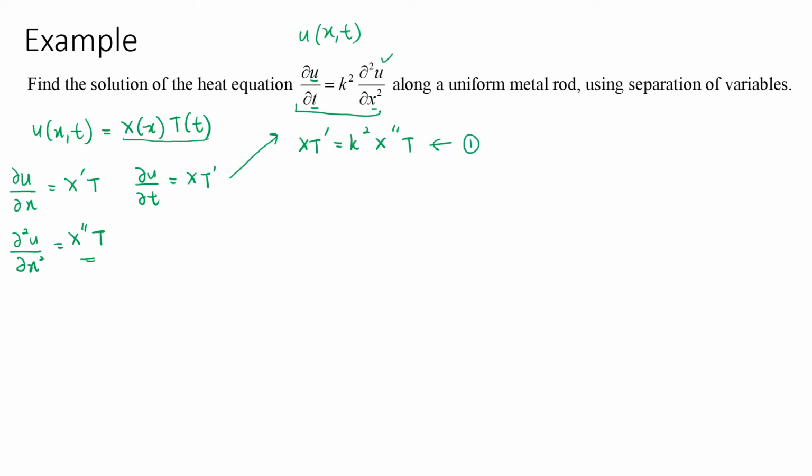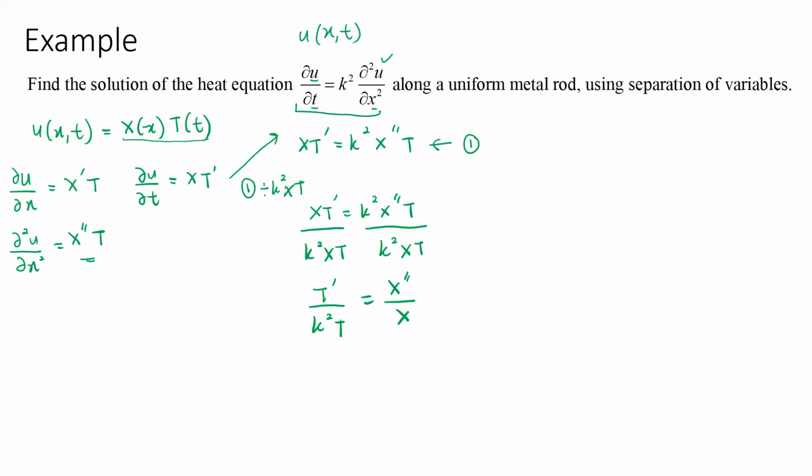So we divide equation 1 by k squared X T. We get X T prime over k squared X T equals k squared X double prime T over k squared X T, and this becomes T prime over k squared T equals X double prime over X. The left hand side depends on t and the right hand side depends on x, so both sides are independent of x and t.